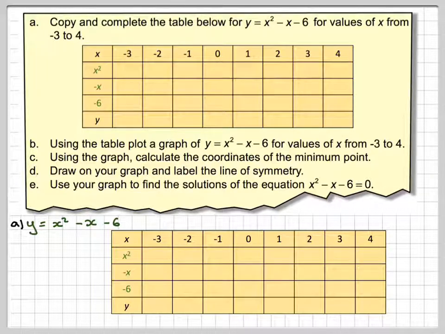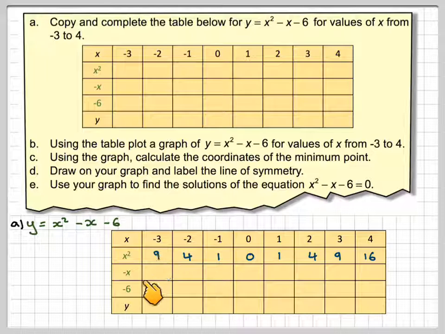So the first one, we've got to work out x squared. So minus 3 squared is 9, minus 2 squared is plus 4, minus 1 squared is 1, 0 squared is 0, 1 squared is 1, 2 squared is 4, 3 squared is 9, and 4 squared is 16.